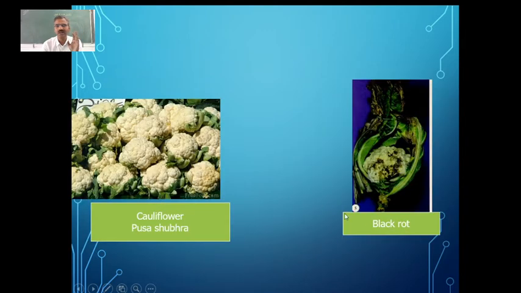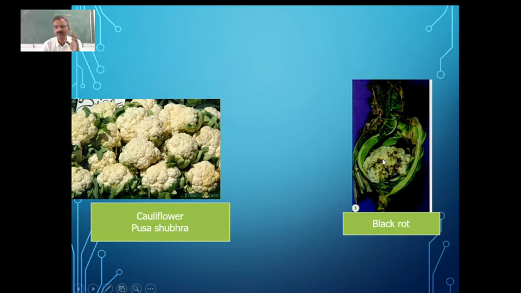Then you might have seen cauliflower with black color, which is because of a disease called black rot. This particular problem has been addressed by developing a variety called Pusa Shubhra. You can see the difference between the disease resistant variety and the disease affected variety.